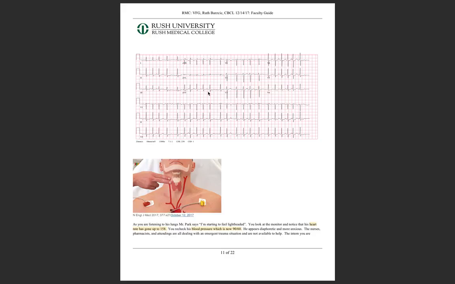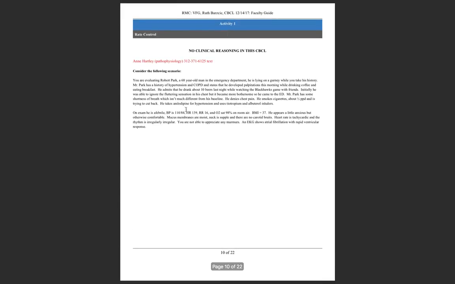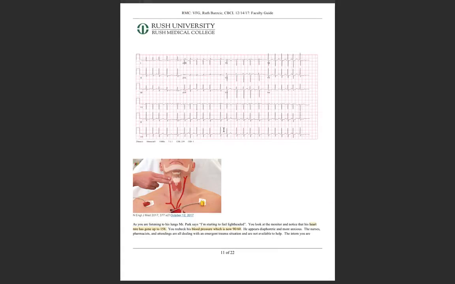His blood pressure is not great. It's 110/84. His heart rate's high. It's 140. And all of a sudden, he's not feeling too good, and he crashes. Here's the EKG. He crashes. His heart rate goes up to 158.